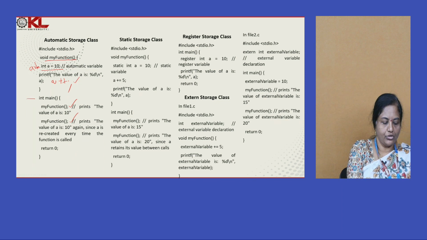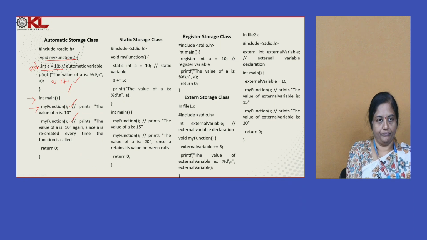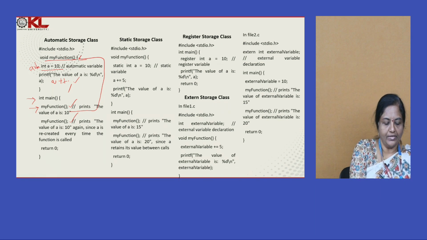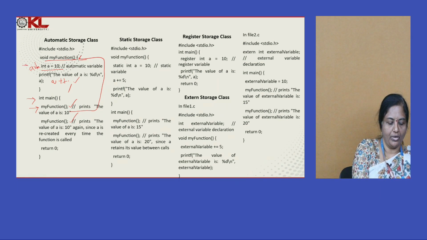What is the first executable statement in C? Main. So, if I try to execute this, it will start with main and then the next statement in sequence is my function, right? Immediately the control goes to the called function, and it will execute the statements in this function one by one.